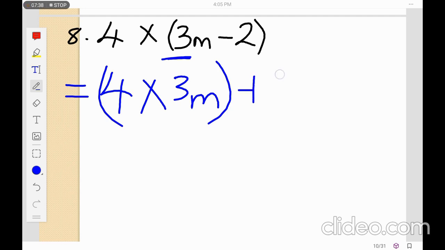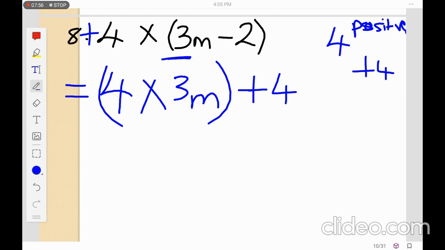plus 4. I'm taking it from this point here. When you have a number like 4, it's as good as plus 4. It's positive when it is like this. This is positive. Okay, so I'm going to multiply there by minus 2.